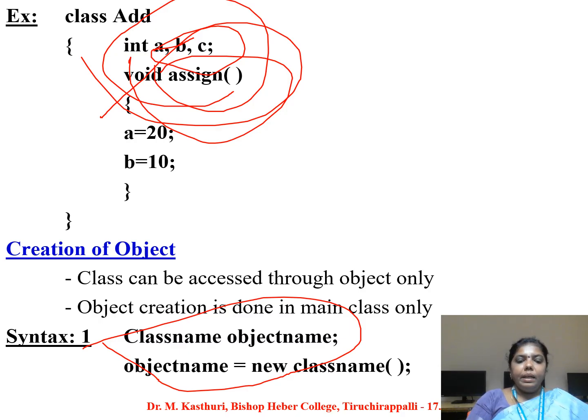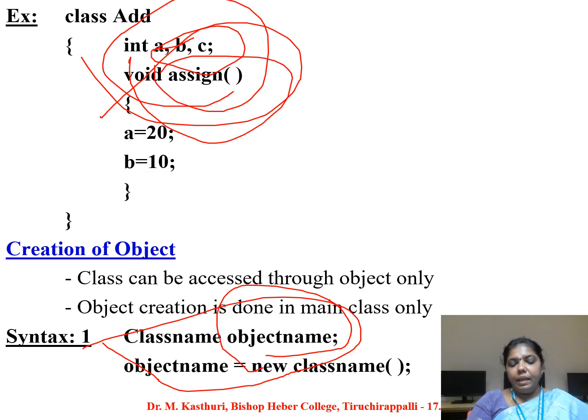Using a two-line statement we can create an object. Initially you specify the class name, then some space, then the object name and a semicolon in the first line. In the second line, you specify the object name and then the equal symbol. You specify the new keyword and then some space.